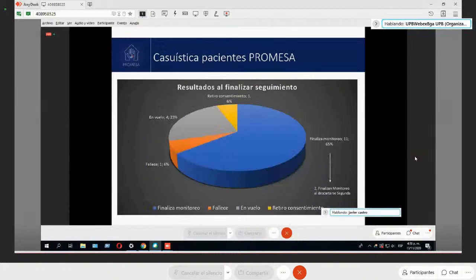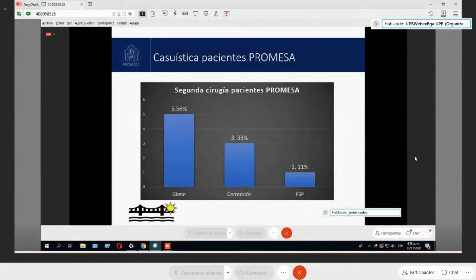The mean age is 19 days for first intervention, and out of these patients, we have been able to take 11 patients through this bridge. 4 of them are currently in flight, 1 requested to be removed from monitoring, and 1 patient died interstage.